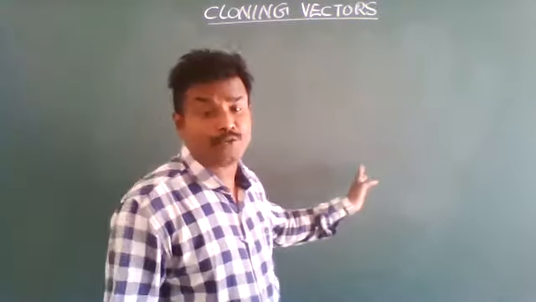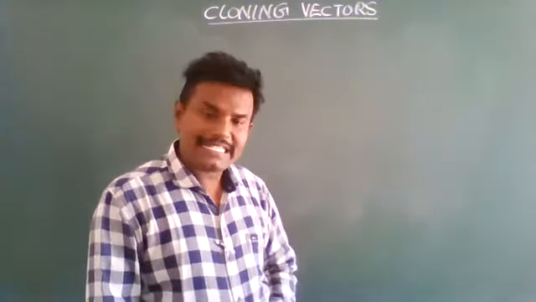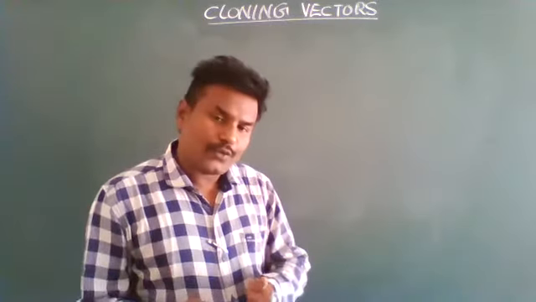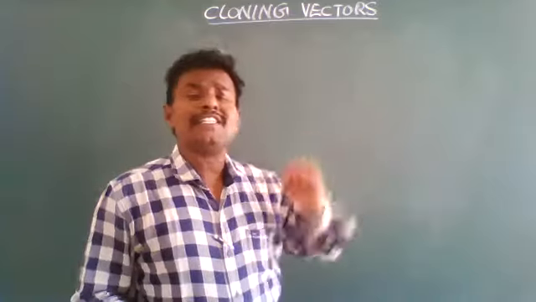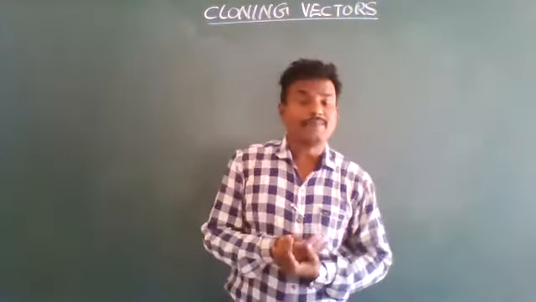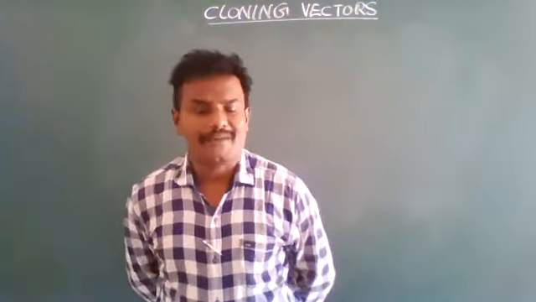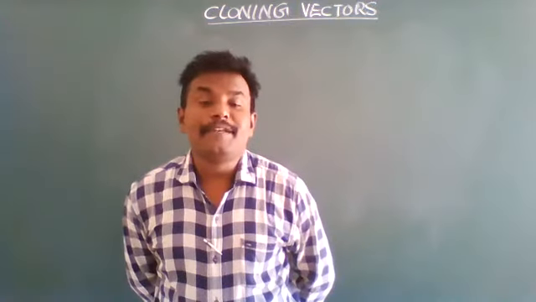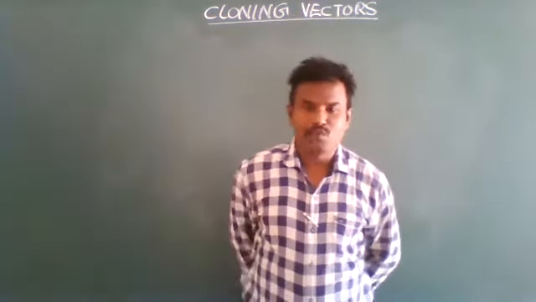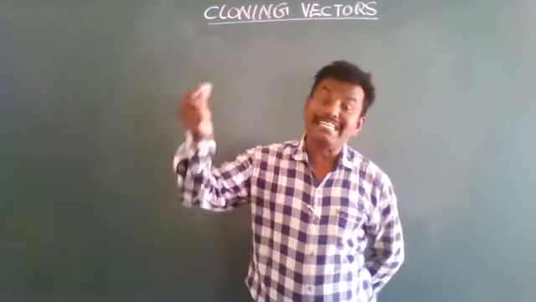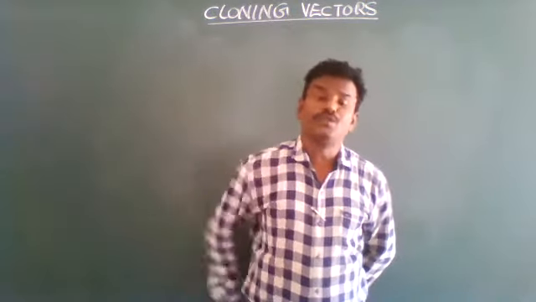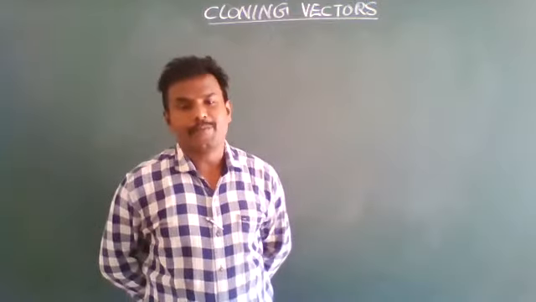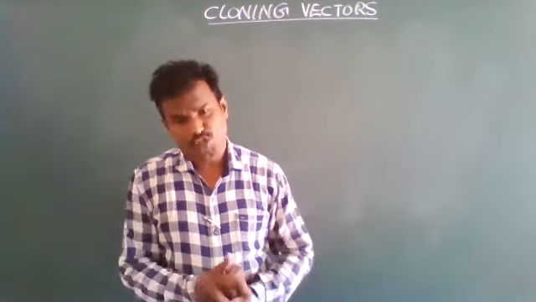Every time I draw the plasmid diagram, and bacteriophages are similar. But compared to bacteriophages, plasmids replicate very fast. They replicate independently of others, that means they replicate autonomously using the host body and produce a number of copies.